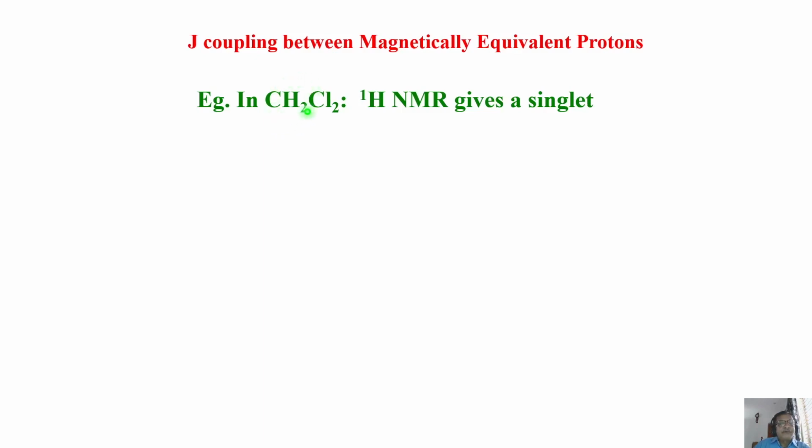Because it is coupled to two protons, carbon-13 has to be a triplet. What does it give me? JCH. But does it give me JHH? No, it does not give me JHH. So in this case, I can't use carbon-13 also. I cannot even break the symmetry.